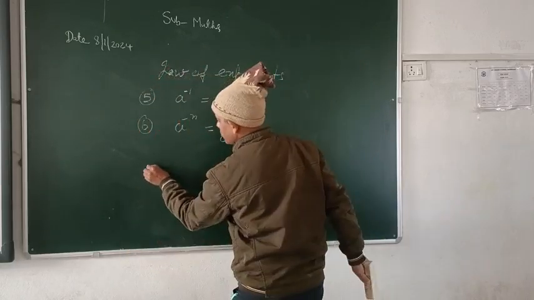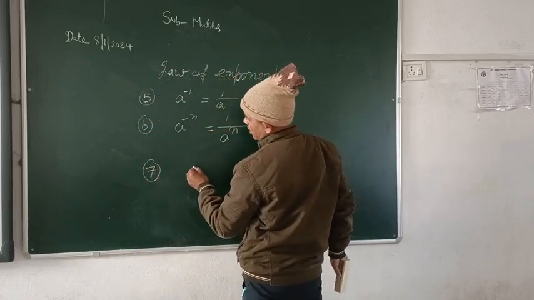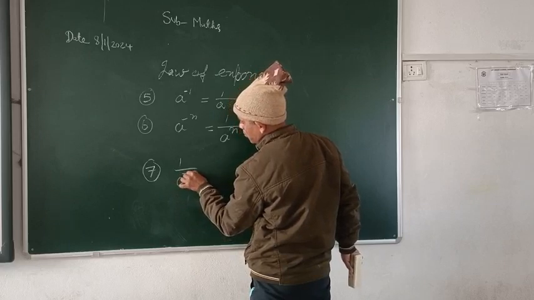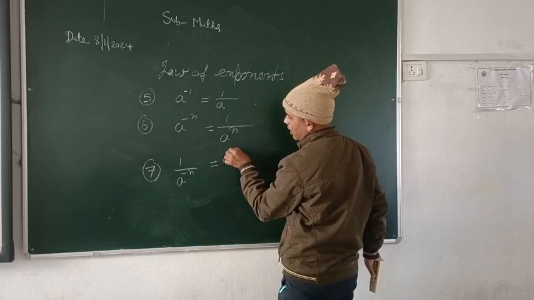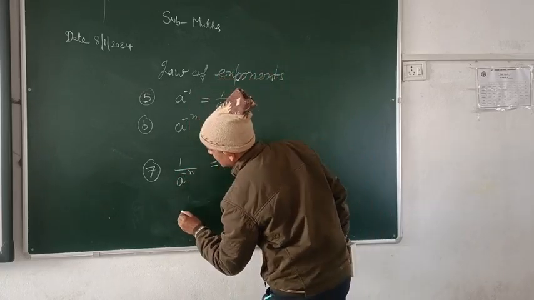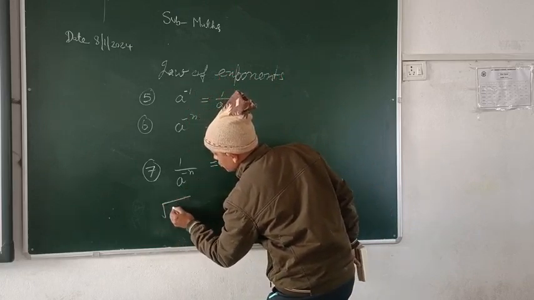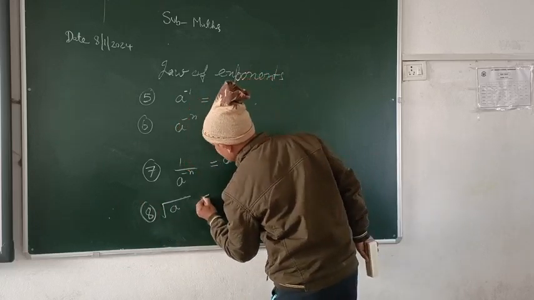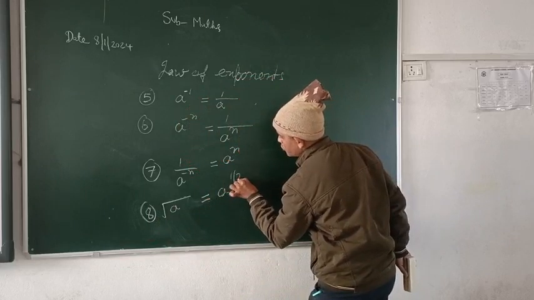And seventh one, if it is written 1 by a to the power minus n, then we can write a to the power n. And if it is written in root something, root a, suppose root a, then we can write a to the power 1 by 2.